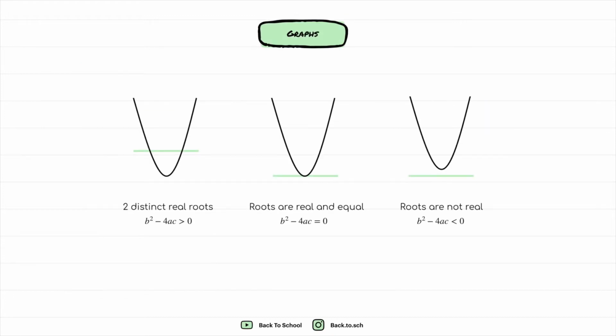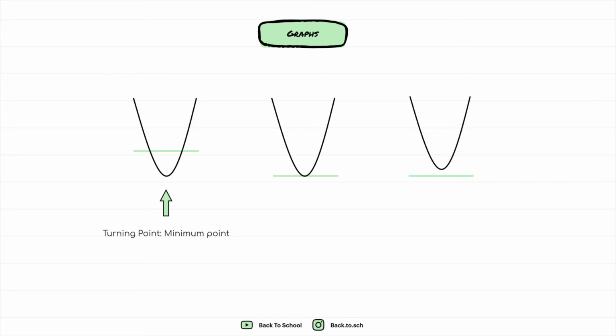At this stage, I would like to say that what I have explained about the three scenarios in terms of their description is shown very nicely by the graphs here. What do I mean? When you have two distinct real roots, meaning two solutions when you solve a quadratic equation, that can only happen when your curve and your x-axis intersects above this point, where this point here is your turning point, and more specifically, your minimum point in this case.